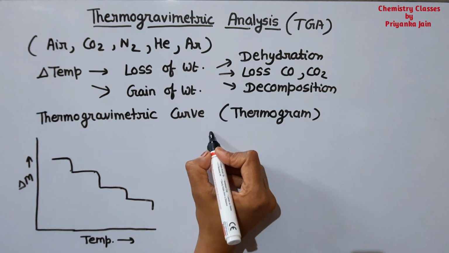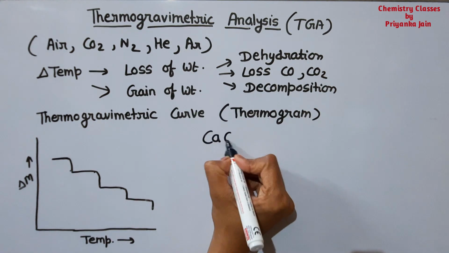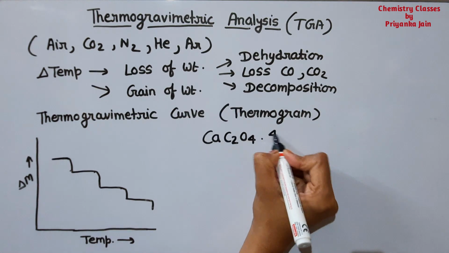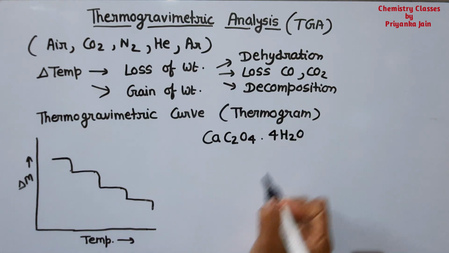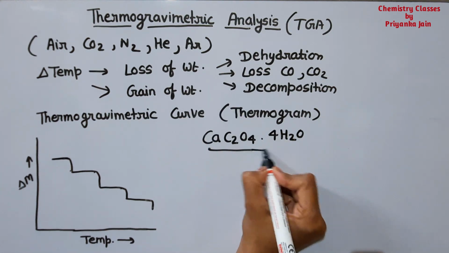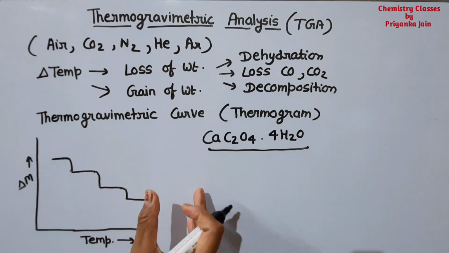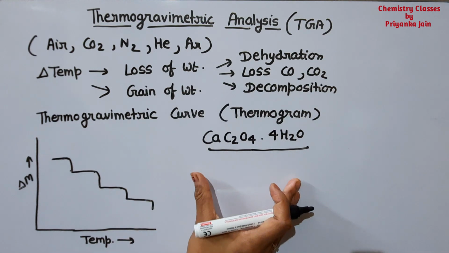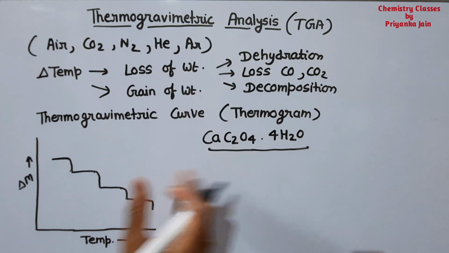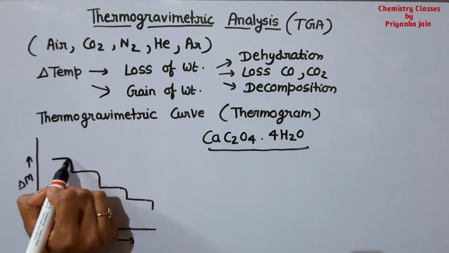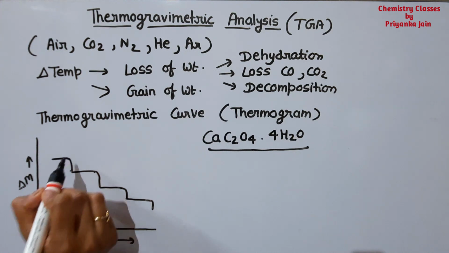Suppose we are taking a thermogram of CaC2O4·H2O. This is our sample, and we are making its thermogram. So what will happen? We are heating the sample. At the first moment, this is the sample. Suppose this is the temperature of 100 degrees centigrade.